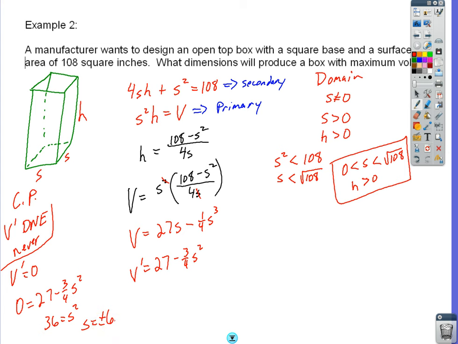So again, I have to think about this and look at my domain. Does 6 work? 6 works. Does negative 6 work? No. So the only critical point is s equals 6. That's the only one I'm going to take.